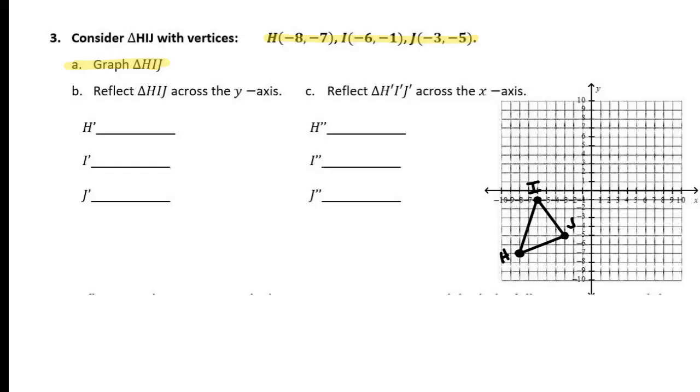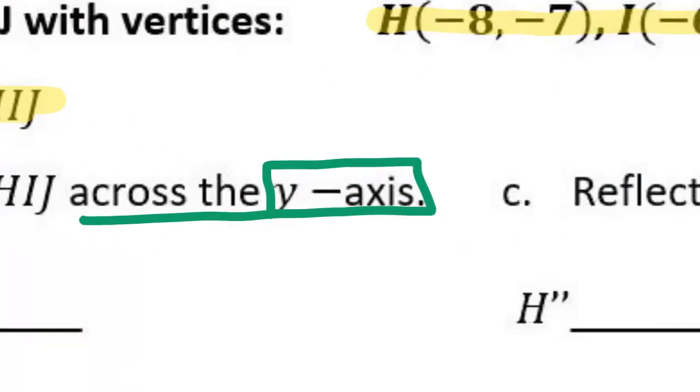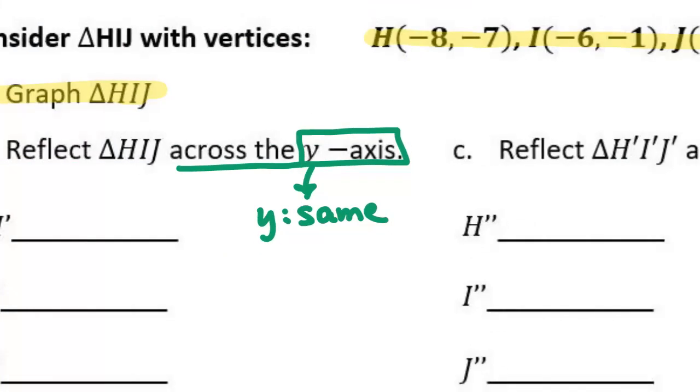Now we're going to take all of those points and reflect across the y-axis. Whatever axis we are going over stays the same. So if we're reflecting across the y-axis, then y stays the same, and x will change signs.